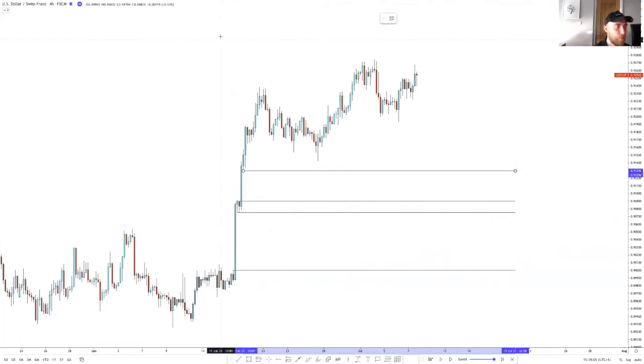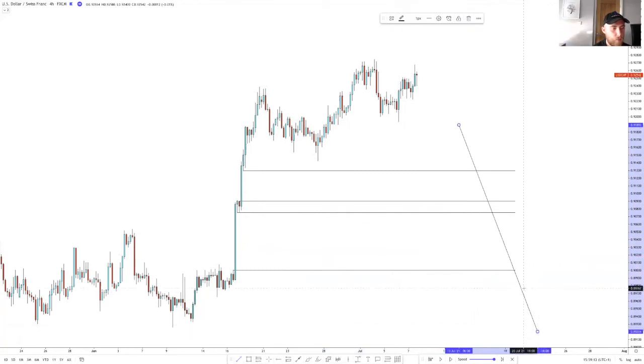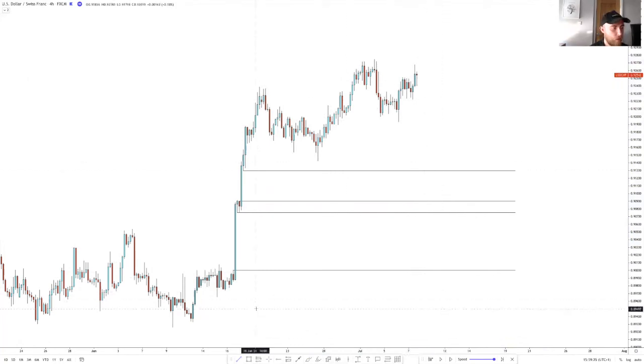So again, we have multiple causes for the market to come and fill this imbalance and this imbalance. Whether it continues to the downside from here, whether it fills the imbalance and continues back to the upside is a different story for a different day, and we'll have to assess that when it happens. But what we can see is the market has created cause for us to move to the downside.